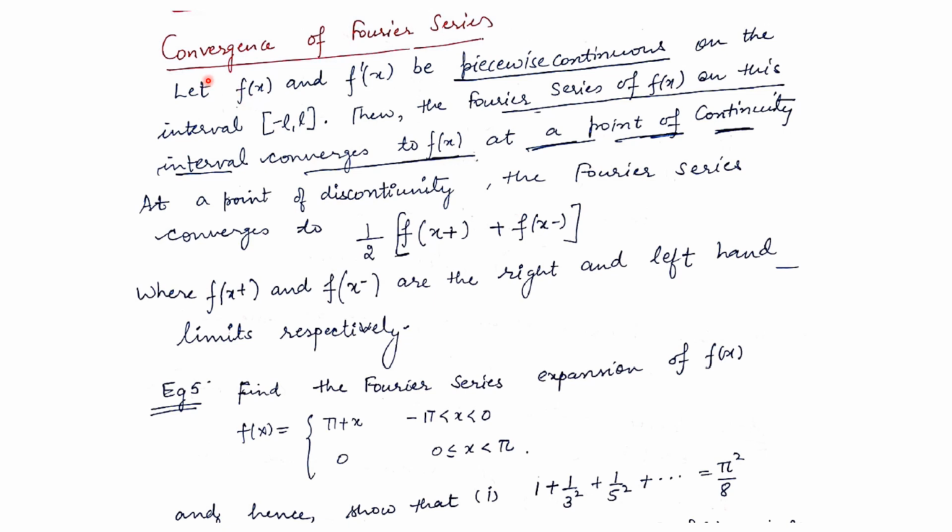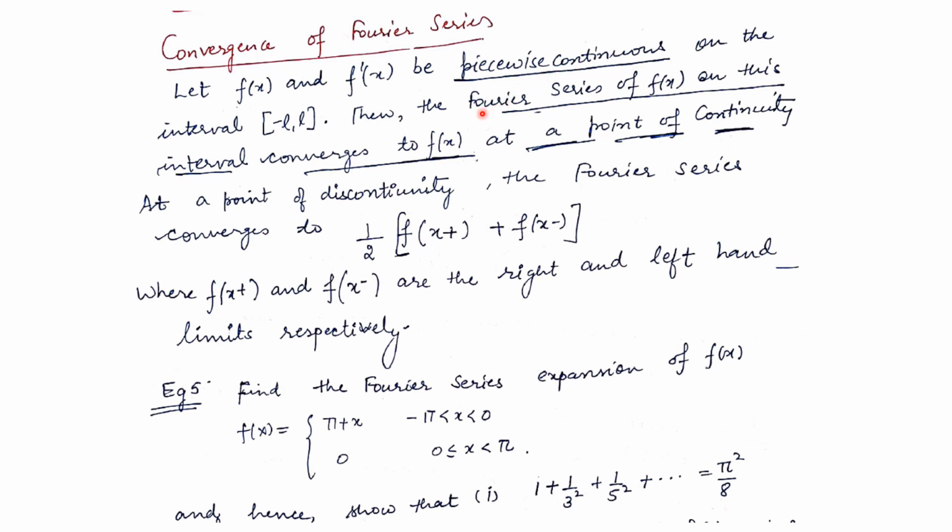Now the next topic is convergence of Fourier series. Let the function f(x) and its derivative f dash x both be piecewise continuous on the interval minus L to L. Now why is this piecewise continuity required?